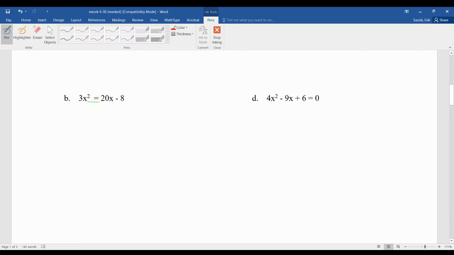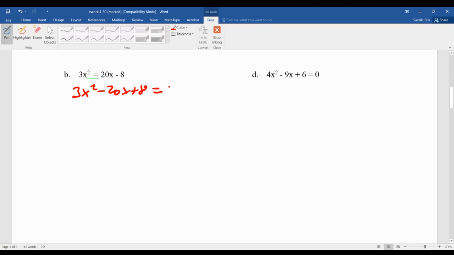All right, you guys can try the next 2. Remember, make sure you're equal to 0. I'm going to do them both here, but if you want to try them yourself, you can. So this would be 3x squared minus 20x plus 8 equals 0. So A is 3, B is -20, C is 8.